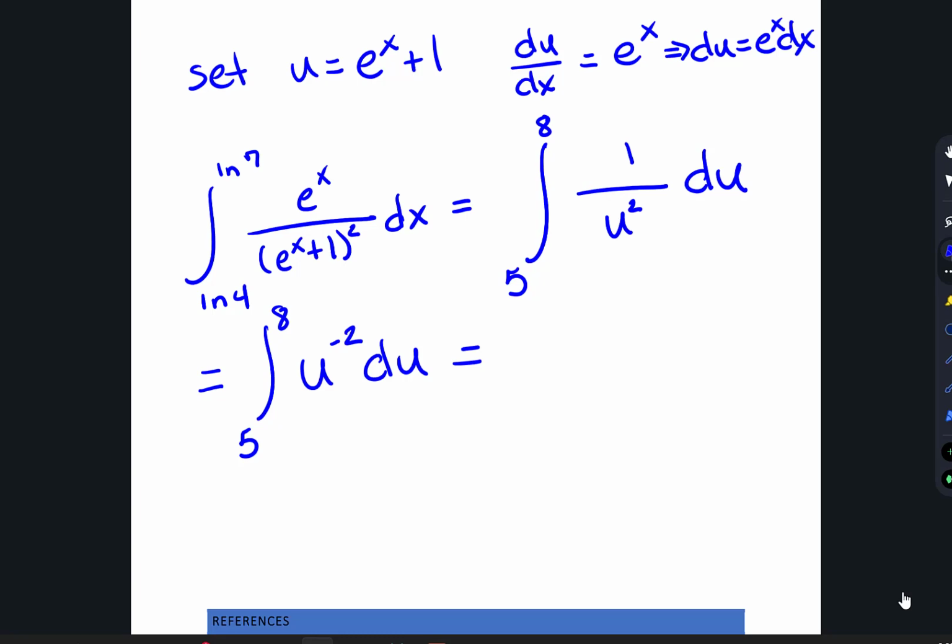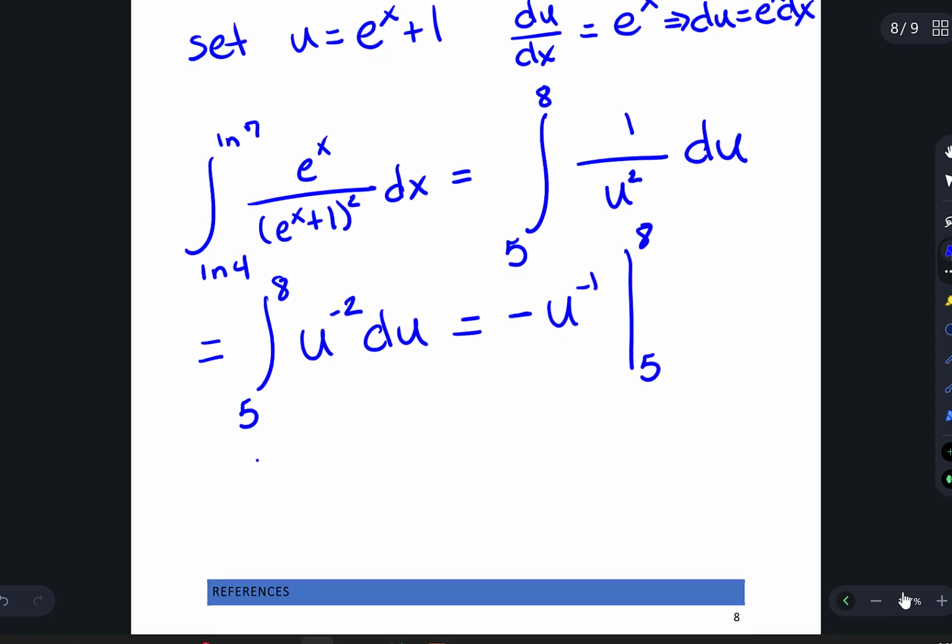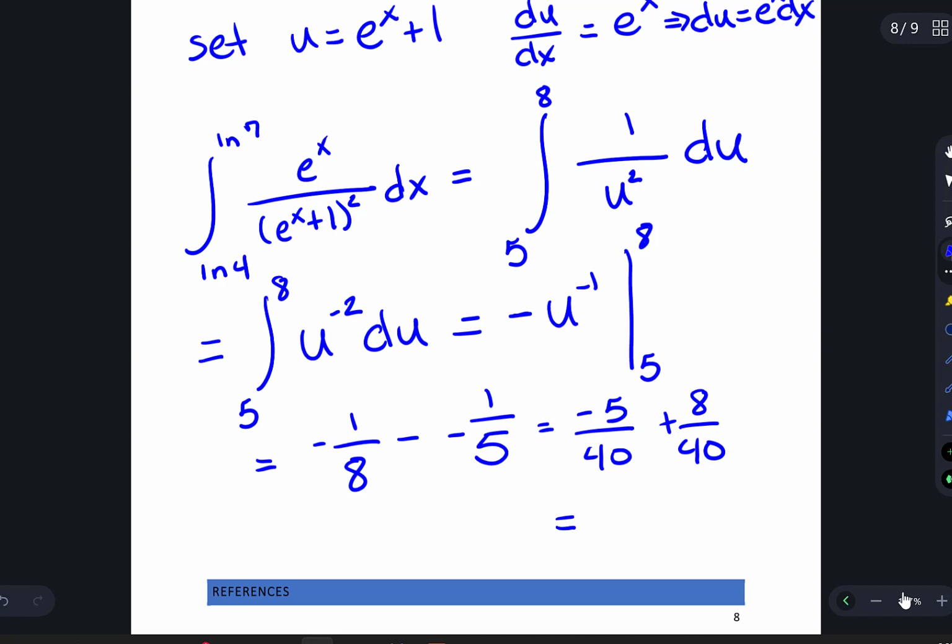And so this is going to become minus u to the minus 1. And we're going to evaluate it from 5 to 8. So this is going to be equal to negative 1/8 minus negative 1/5, which is equal to negative 5 over 40 plus 8 over 40, which is equal to 3 over 40.